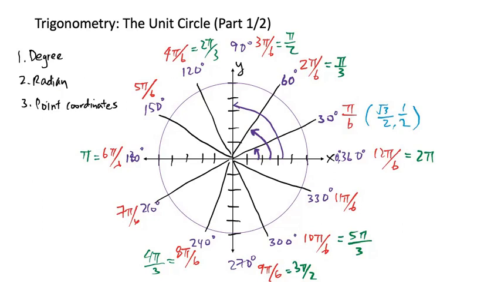So once again, the x coordinate would be the cos 30, and the y coordinate would be the sine 30. First, for 60 degrees, it was in your homework, and I hope you guys tried it. That's the answer. Okay?